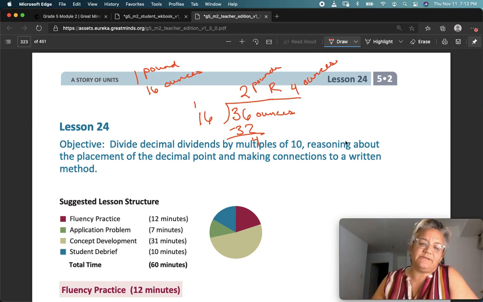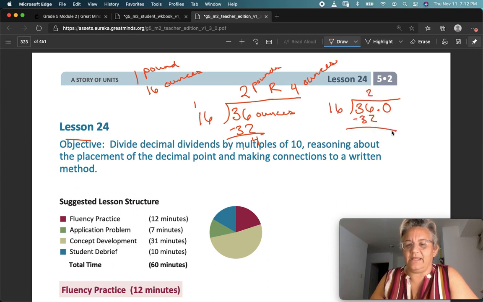And what we're going to learn how to do, and not today in lesson 24, today we're going to only divide by multiples of 10 to make it easy on you. But eventually what we're going to do is we're going to add on to our dividends with zeros after the decimal point, so that if I have a number like this, right, I can bring down that extra 0, right?